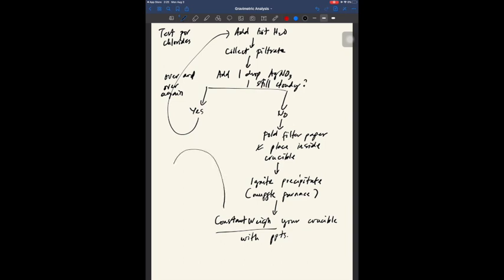So it means you have to heat on top of a Bunsen burner for 10 minutes, and then cool down 2 minutes, then desiccator for 20 minutes. It's a very long process. And then weigh, finally, using the analytical balance.